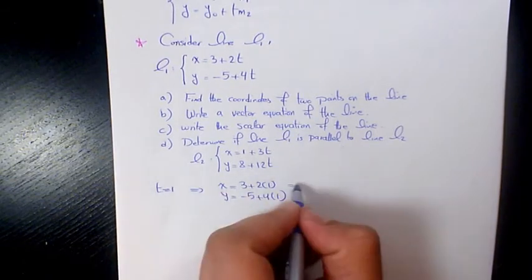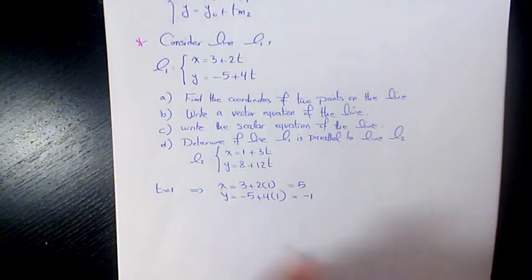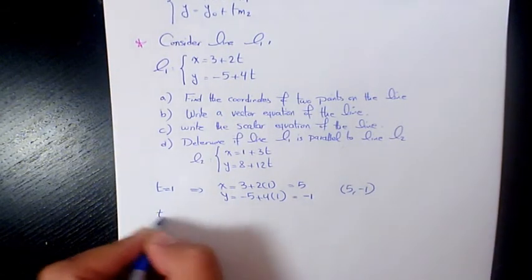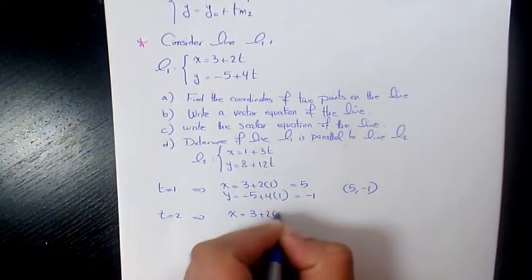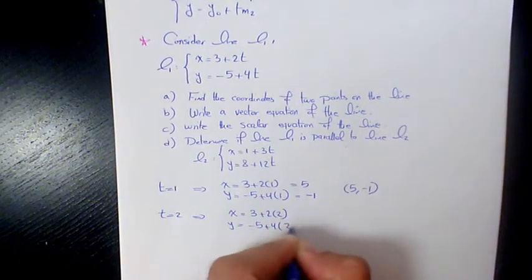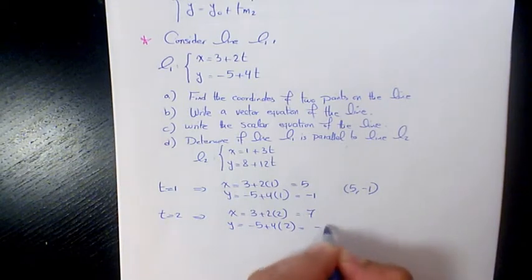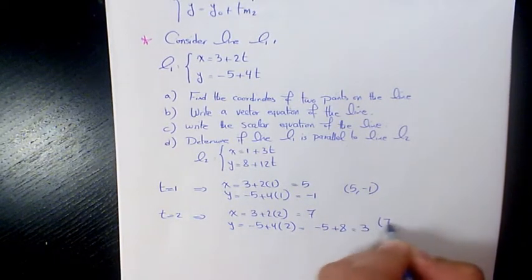That's 5 and negative 1. If t is 2, x is 3 plus 2 times 2, y is negative 5 plus 4 times 2. That's 7 and 3.